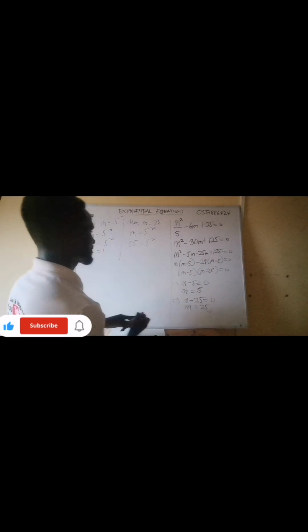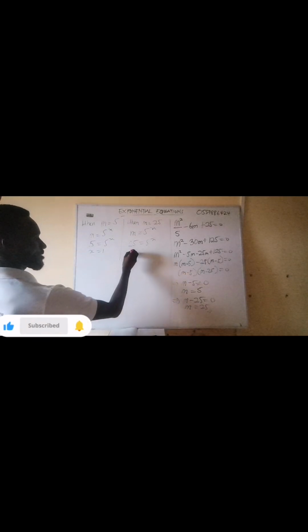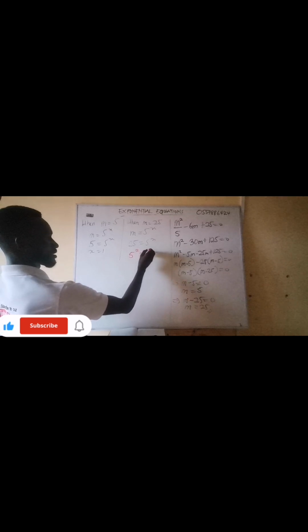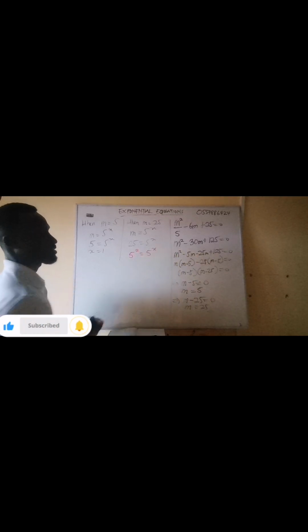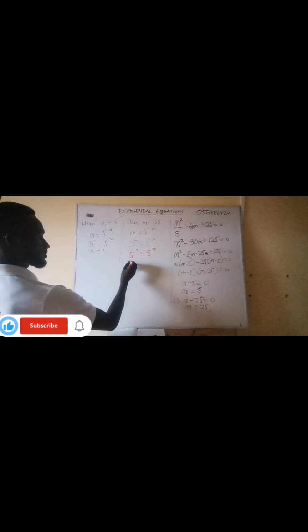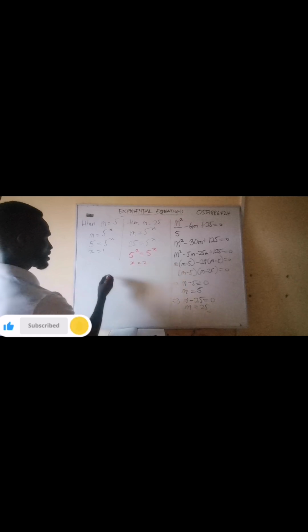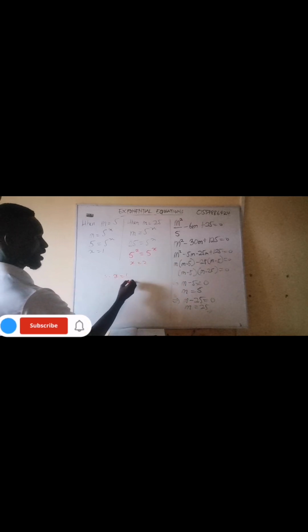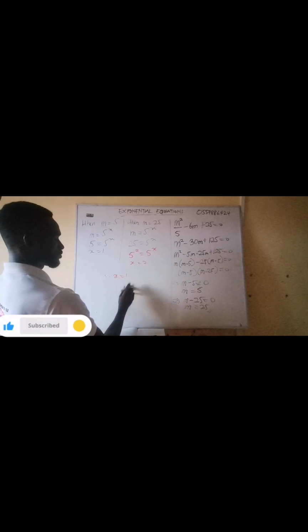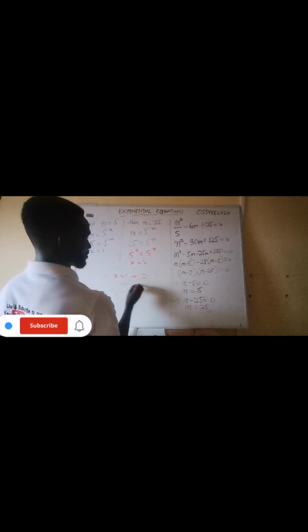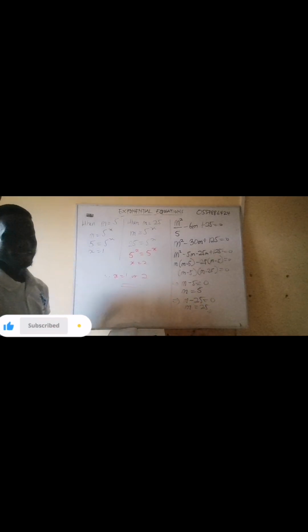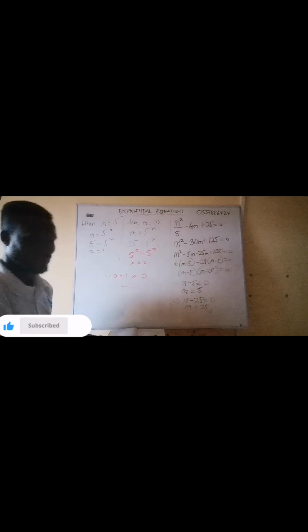Now at this point, 25 is the same as 5 squared. Now since the bases are the same, it means the exponents are equal, so x is equal to 2. Now therefore we have x is equal to 1 or 2. That is the two answers for x. It is very simple.